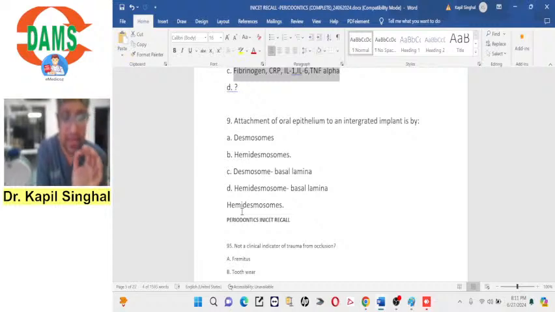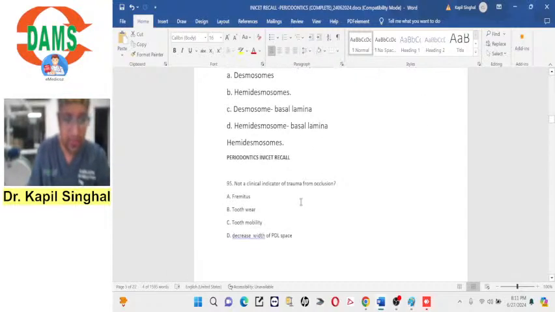Please remember, in case of an implant, basal lamina converts into junctional epithelium. Like in a natural tooth, the confluence of reduced enamel epithelium and oral epithelium makes junctional epithelium. But in cases of an implant, basal lamina forms it. So right now he has asked about the attachment of oral epithelium to implant, and the answer here would be hemidesmosome and basal lamina.